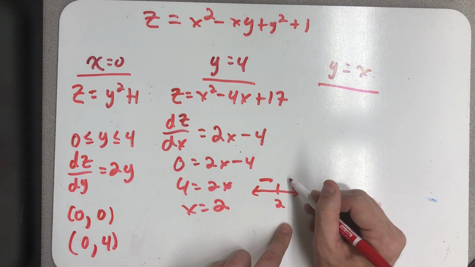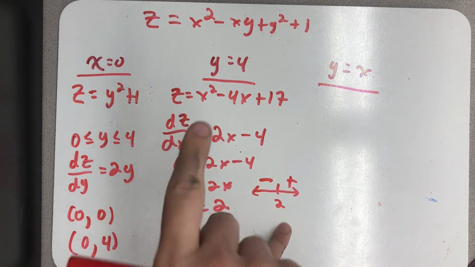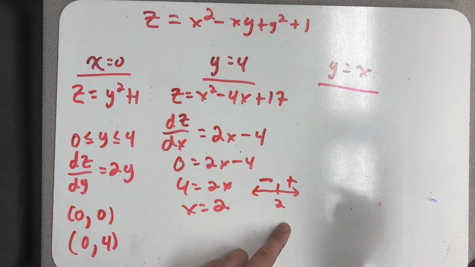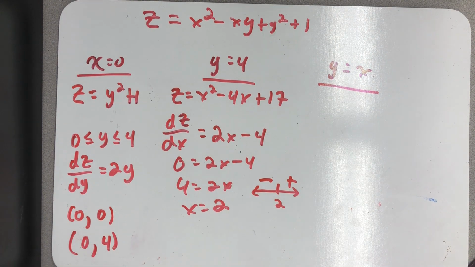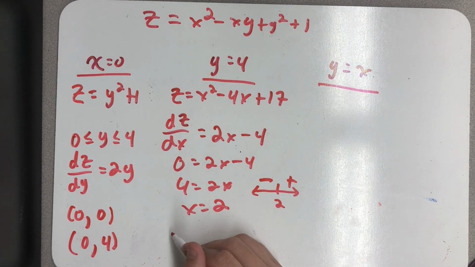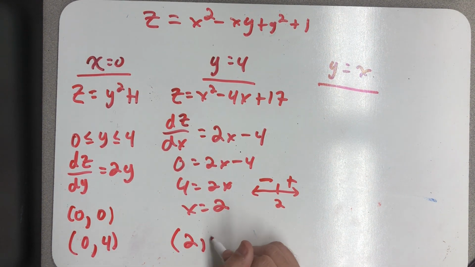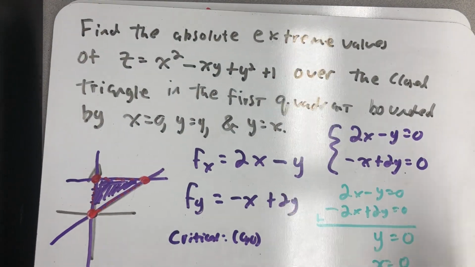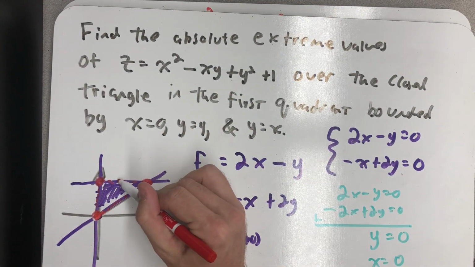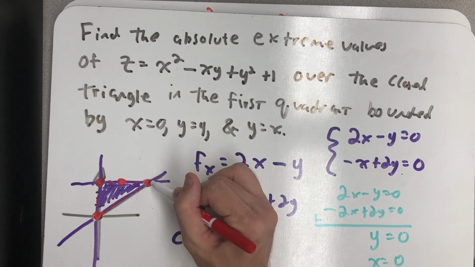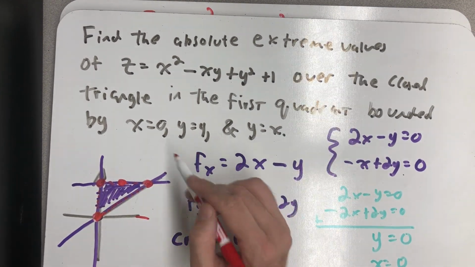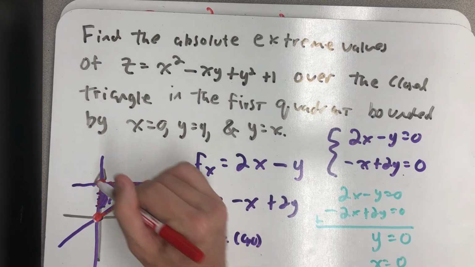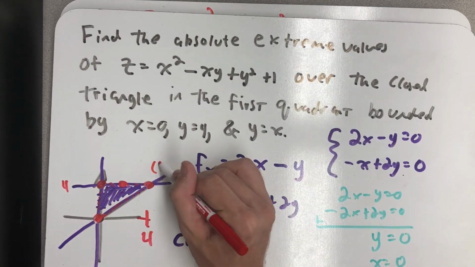If I plug in a 3, I get a positive, so definitely a min happening there, but I really just needed that critical point. So 2, because it's a critical point there, and y was 4. So that's a point that's on my list, which would be this point right here. Because this endpoint, the intersection of y equals x and y equals 4, that's the point 4, 4.